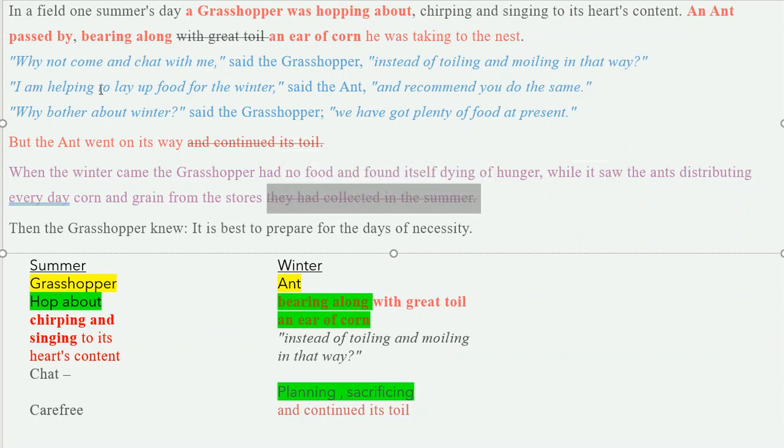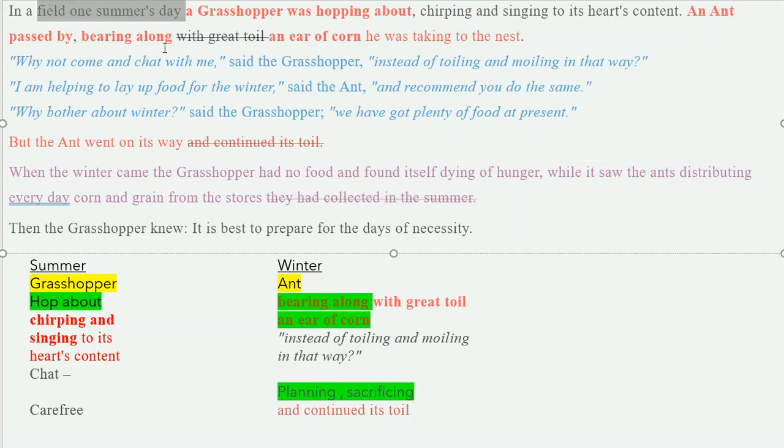So that summer, working hard. Summer's day, grasshopper hopping, they were collecting stuff for summer. So the author again reminds us continuously that the grasshopper here has no food, but not because the ants have it, but because the ants worked for it.